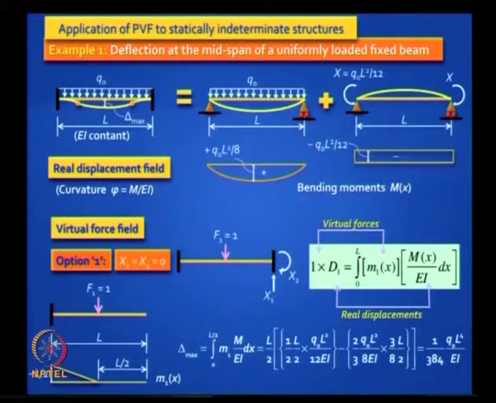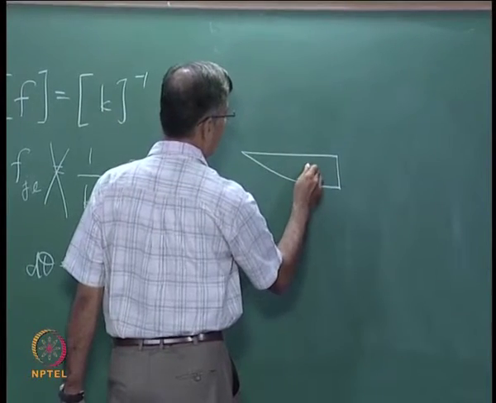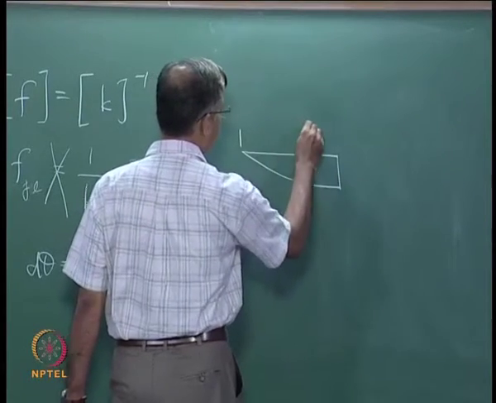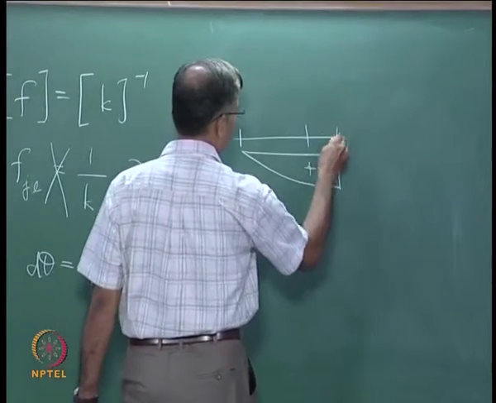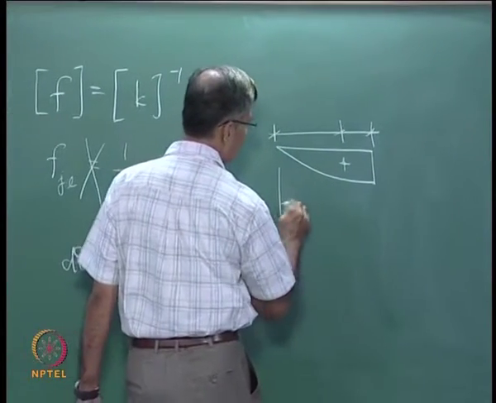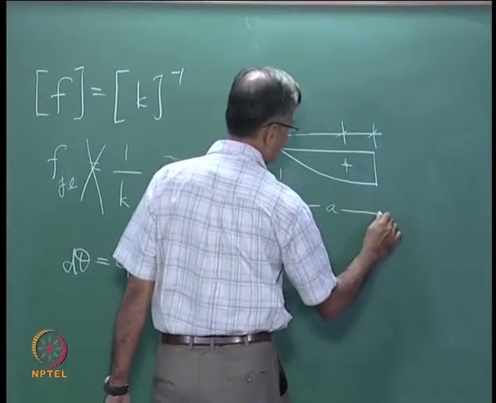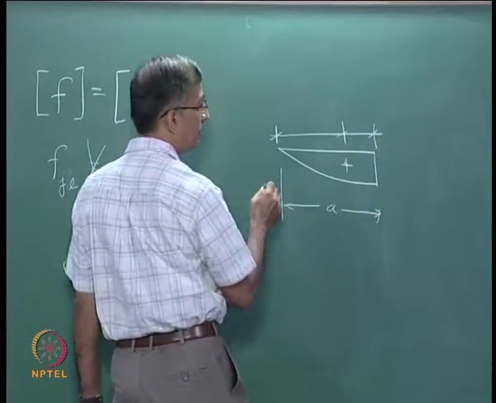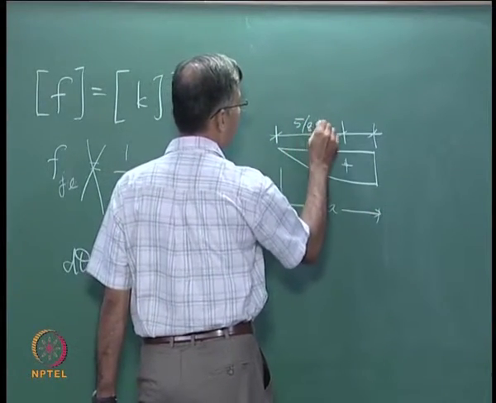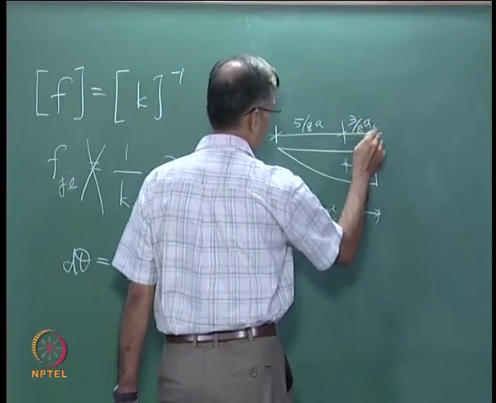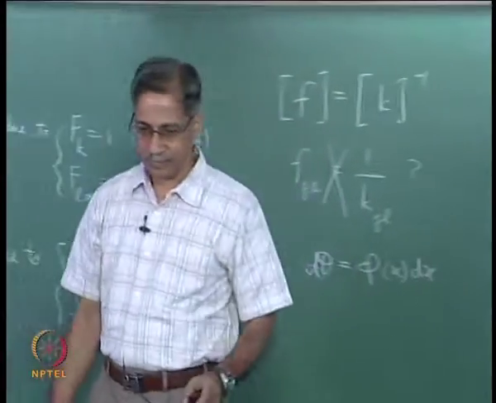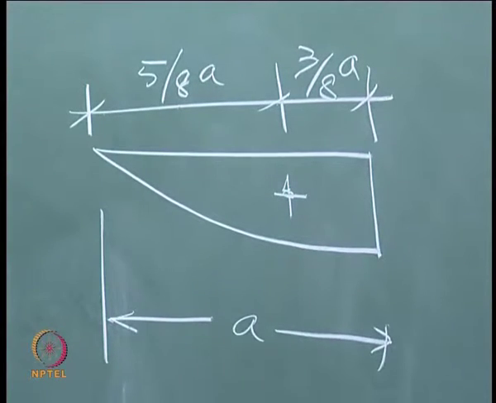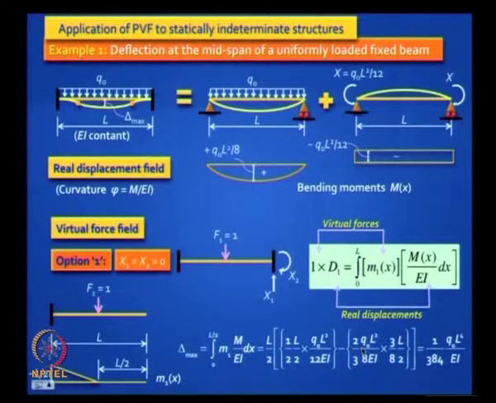So you know that if I have a parabola like this, the centroid will be located in such a way that these distances are, if this length is L, or let us say A, how much will this be? Yeah, it is 5 by 8 A and this is 3 by 8 A, right. So that is how you get the ordinate in this triangle as 3 by 8 of L by 2, agreed, 3 by 8 of L by 2.